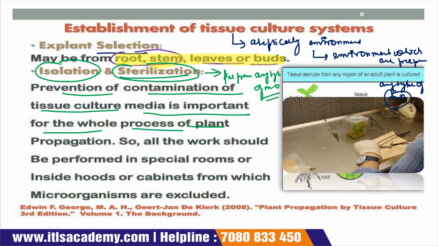Now prevention of contamination of tissue culture media is very important for the whole process of plant propagation. We have to prevent contamination in all the steps, then this process will be successful.